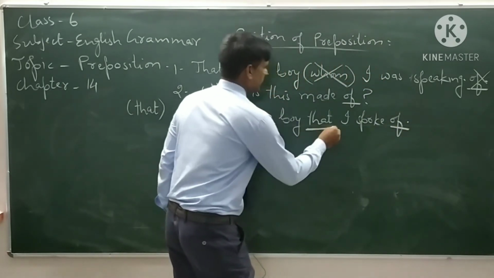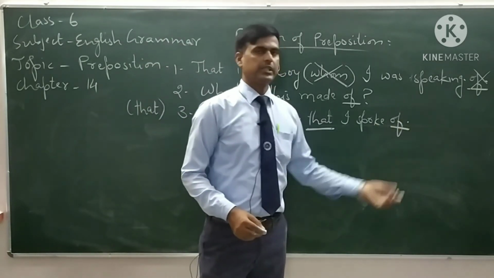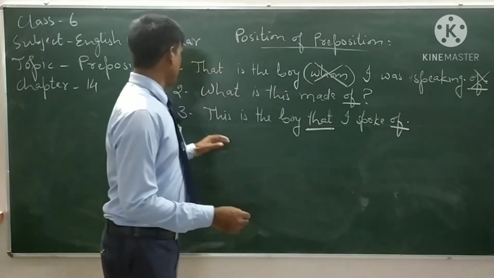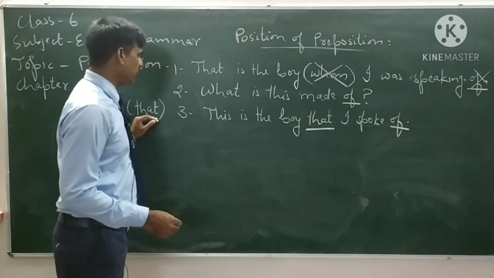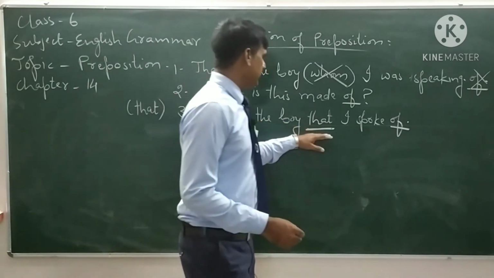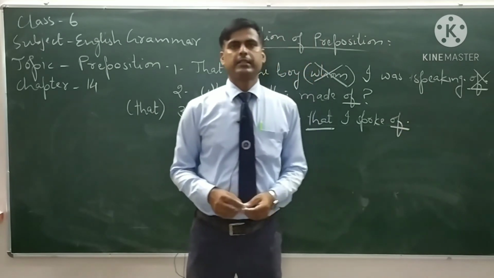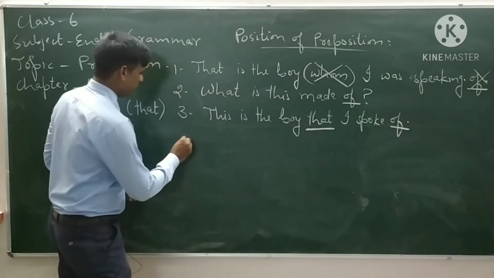Because of this relative pronoun that, we are going to use the preposition in the end of the sentence. This is rule number 3 that is given in your book.